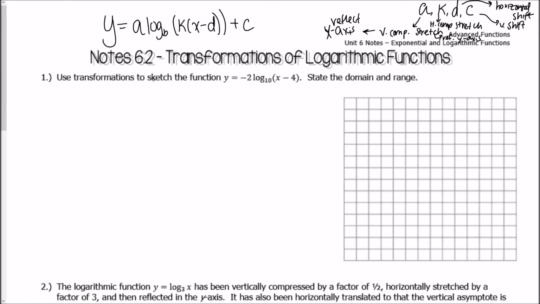Okay, so it says use transformations to sketch this function right here. So let's write out all of the pieces of information we have here. So we know a here is -2, and if a is -2, we know that there is a vertical stretch with a scale factor that's equal to 2, and we also know that there is a reflection in the x-axis.